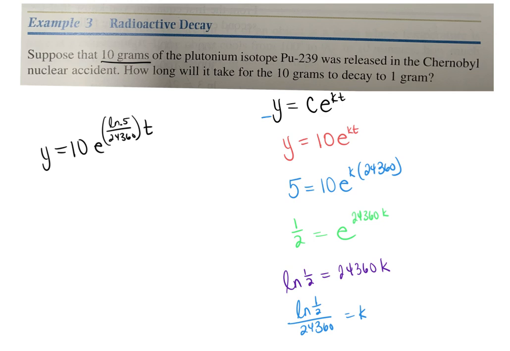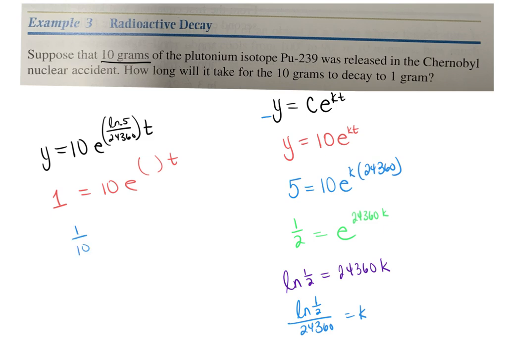Because it's going to be this times 10 to the negative 5, with lots of zeros right after your decimal point, I'm just going to plug it into the calculator that way. They've told me what we want it to decay to. We want it to decay to 1. That's my Y. So 1 equals 10 e to this crazy guy, T. So I divide both sides by that 10, giving 1 over 10.